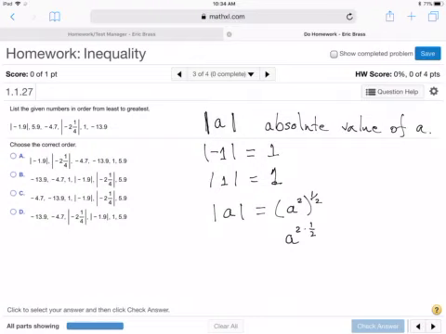Basically, you multiply the exponents together, and you end up with A to the 2 over 2. Since 2 over 2 is just 1, we have A to the 1 power, which is just A. Every time you see a number, it's to the first power. So that's how we deal with those absolute values.